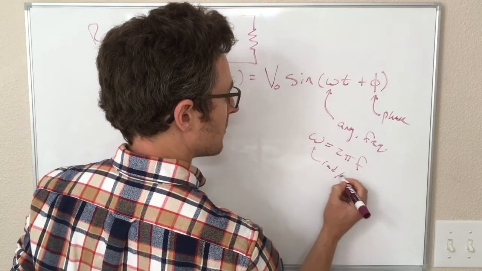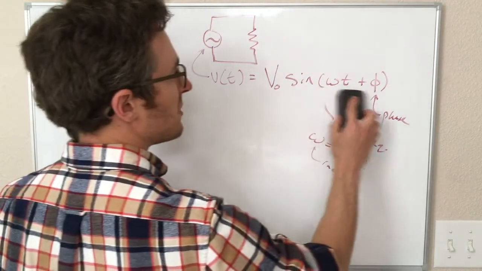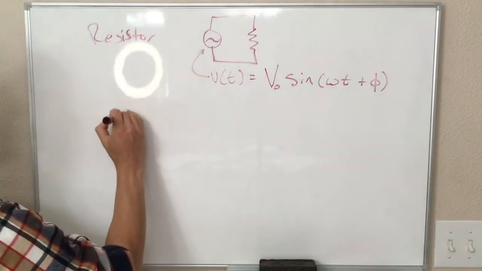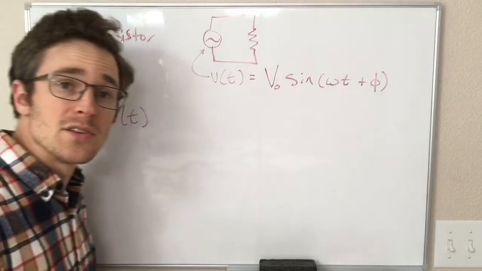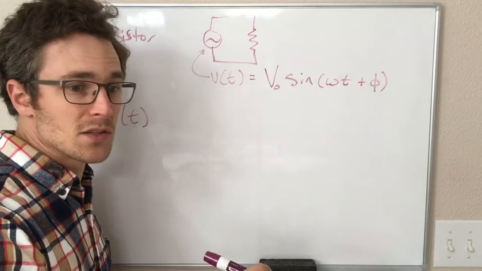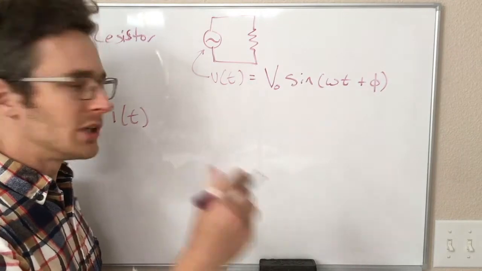Okay, so if this is our voltage that's being applied to our resistor, we can figure out what the current is flowing in our resistor at any moment in time, and that is because Ohm's law has to be true at any instant. It's not just true averaged over long periods. At any instant in time, V equals IR.